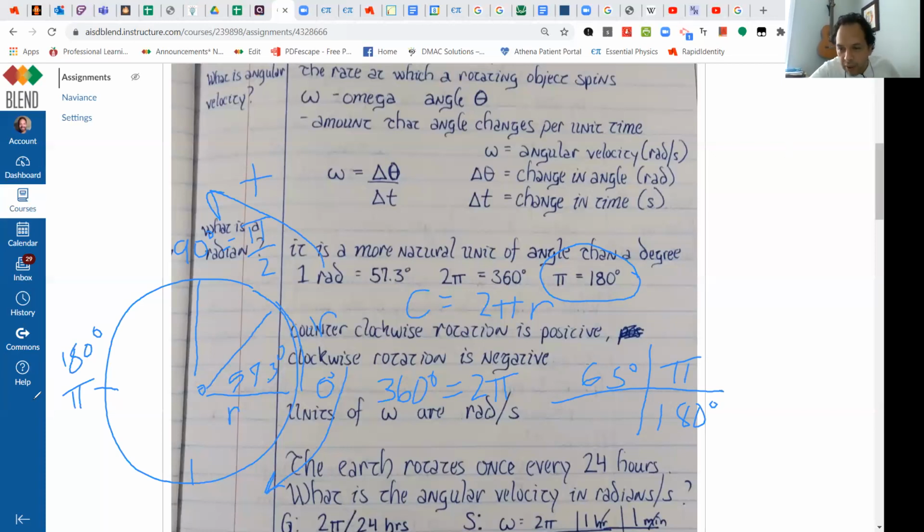So then I multiply across, and you could just use your calculator. Let's see, what's 65 divided by 180? You could also use Desmos, right? Let's use Desmos. What is 65 divided by 180?